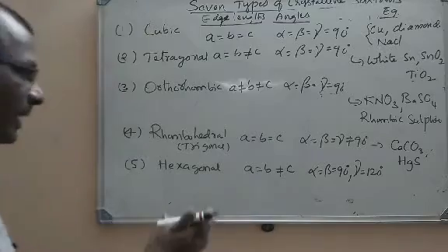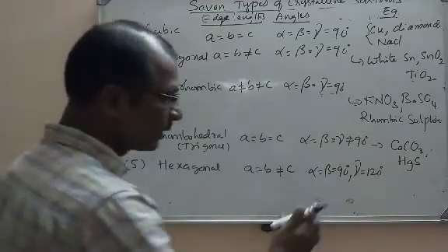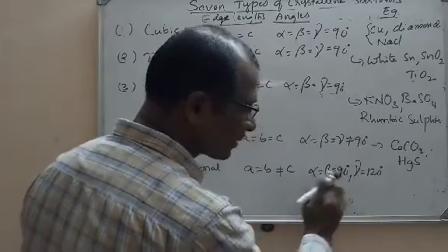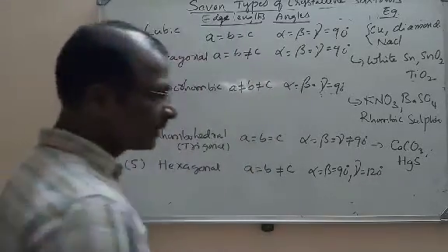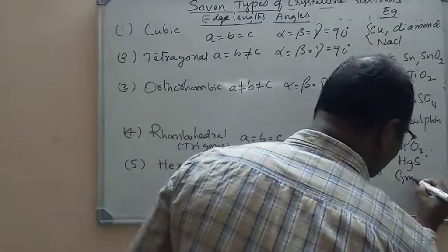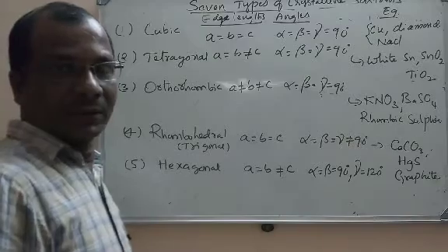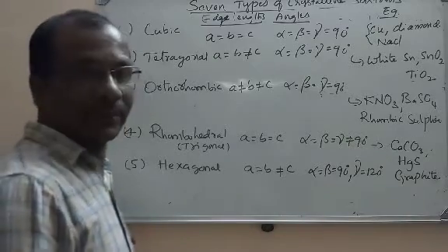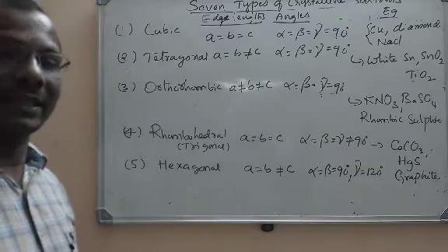What are the examples here? Graphite is one of the examples you can consider for hexagonal systems.